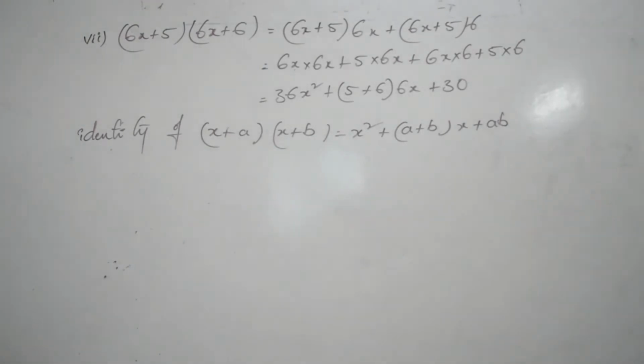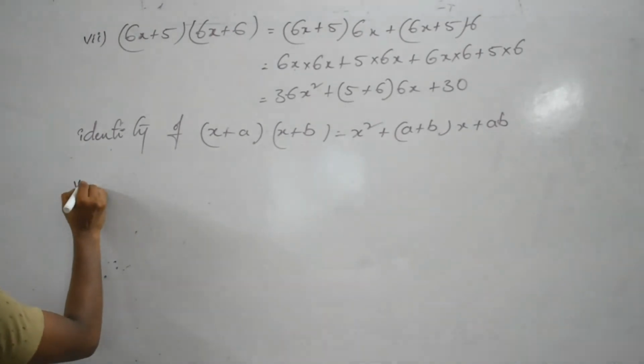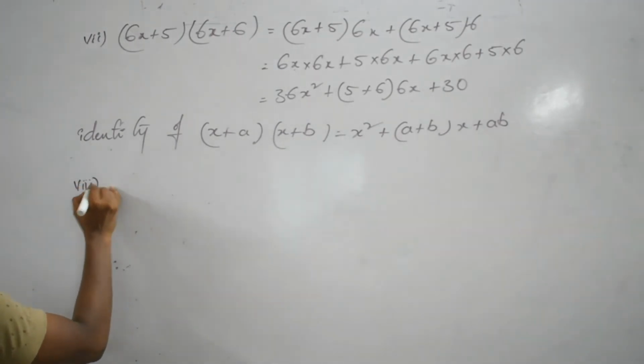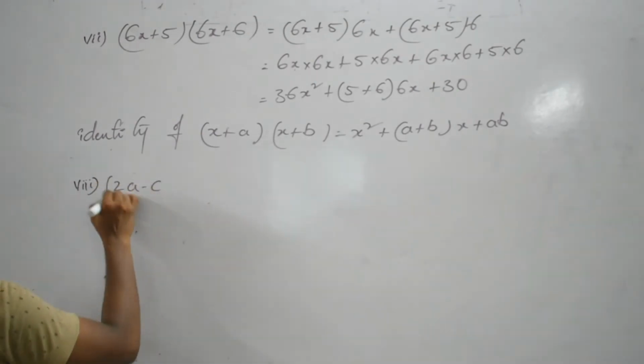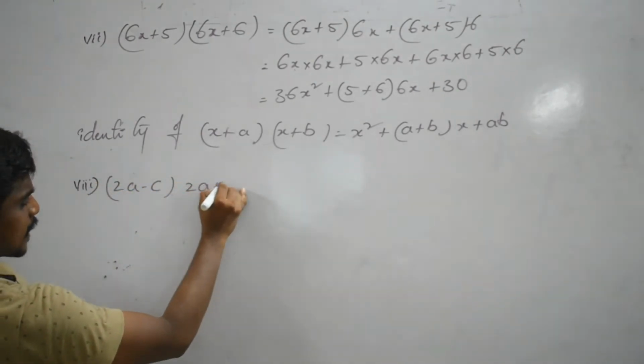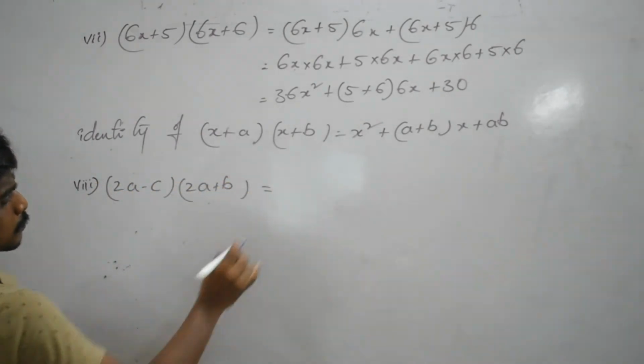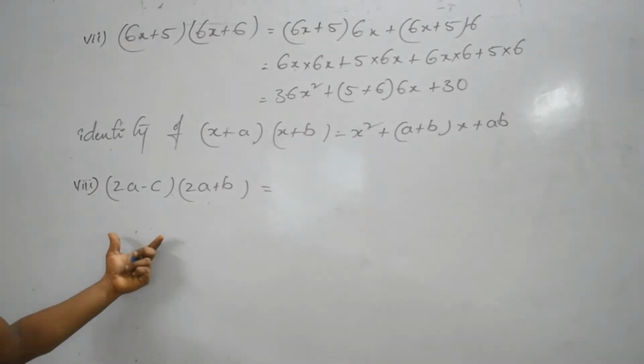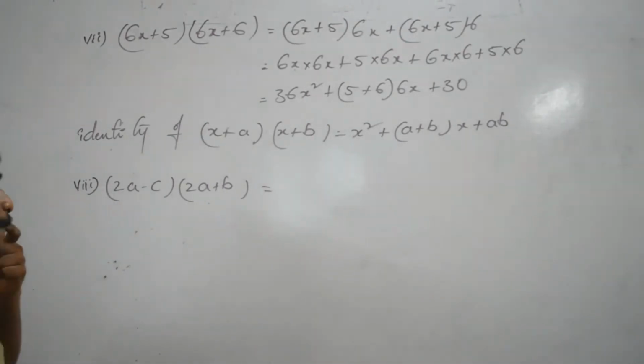So the 8th problem: (2a − c)(2a + b). These binomial expressions we are multiplying.